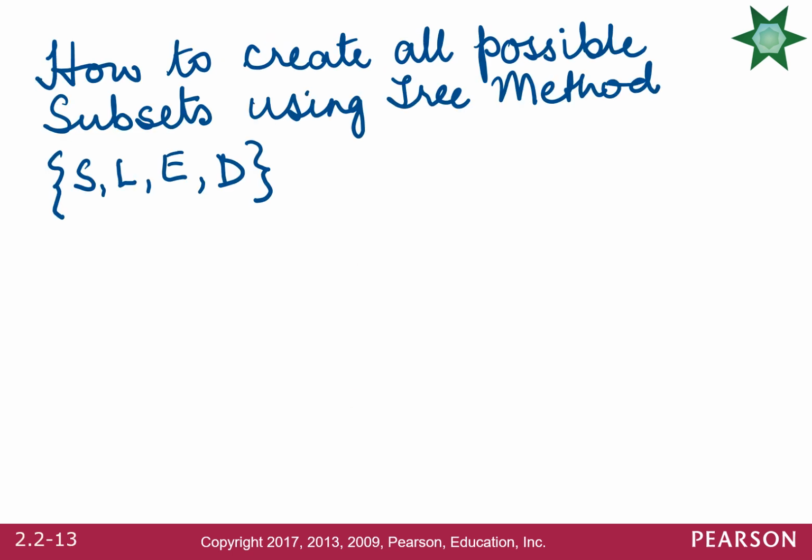Now here I'm going to give you a method which I call the tree method, because I'm going to create trees to capture all possible subsets that can be created out of this set of elements SLED. So recall that we said there were 16 possible subsets that can be created.